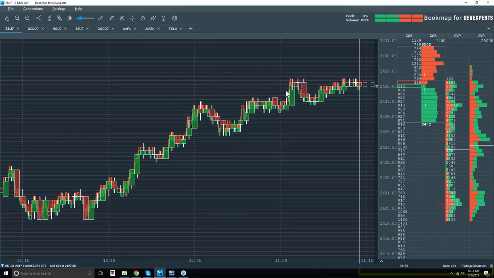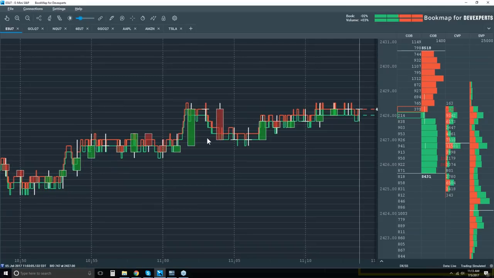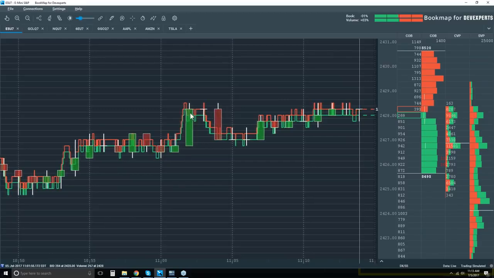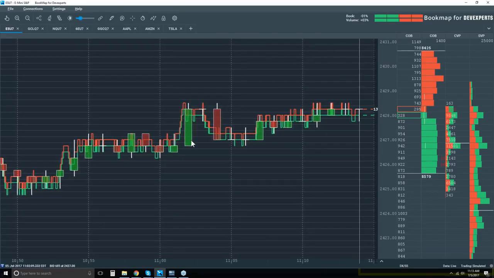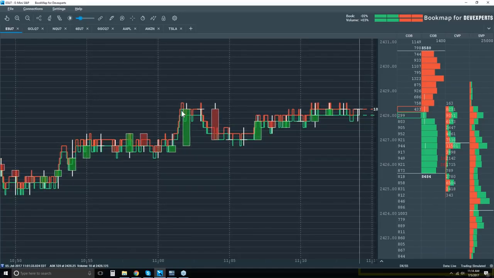Let me zoom in a little bit here, so you can see this move to the upside. This was the best bid and offer within this candlestick period. This is a 1 minute chart, and you can see the close of that candlestick, but here's where the best bid and offer was during that time. The red line is the best offer, the green is the best bid.